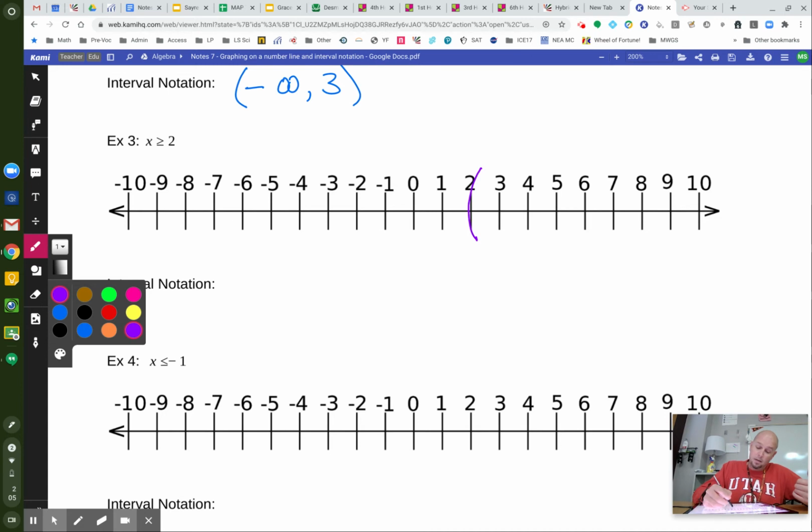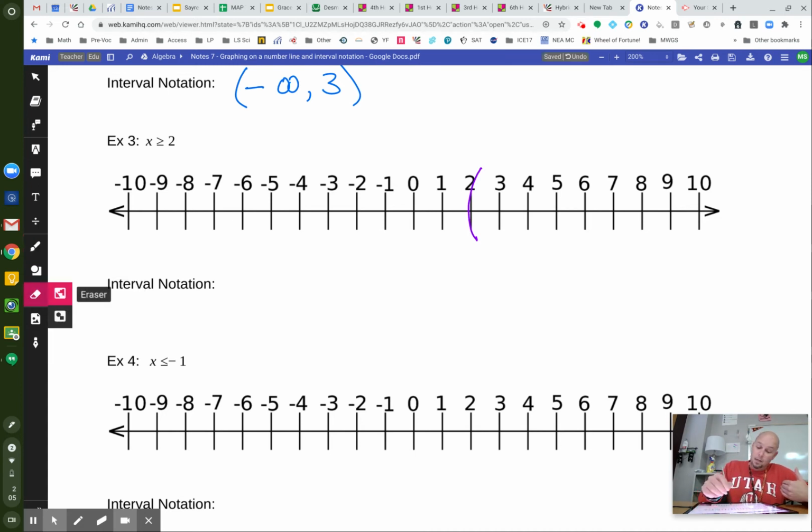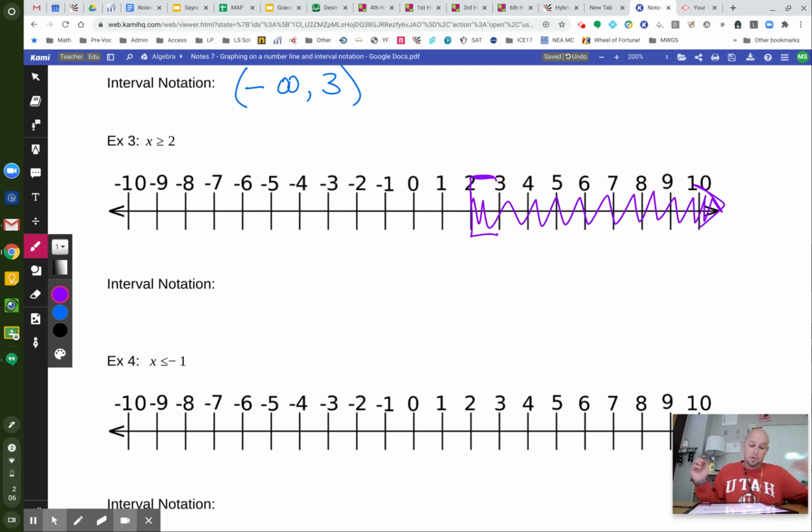Oop, I made a mistake. I put a parenthesis, but since it's an equal, it needs to be a bracket like that. To me, this and this kind of look like an equal sign. So if I see a line here, I know that my symbol on the graph has to have a line too. And then I'm going to go to the right because those are the numbers bigger than 2 or equal to 2.